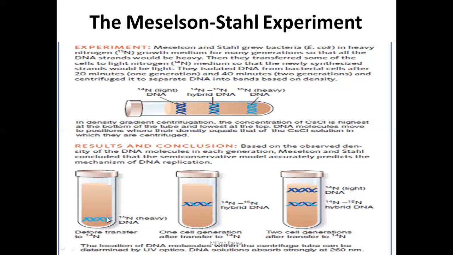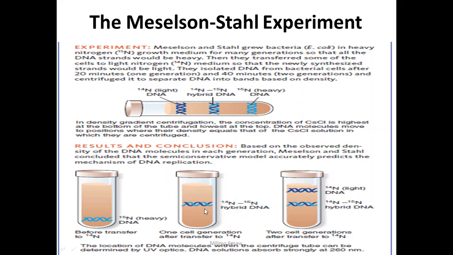So it was at the bottom. So this is very important. In 15N, the DNA was heavy. So the DNA collected immediately here was 15N. It was heavy. After that, remember they transferred it to 14N.